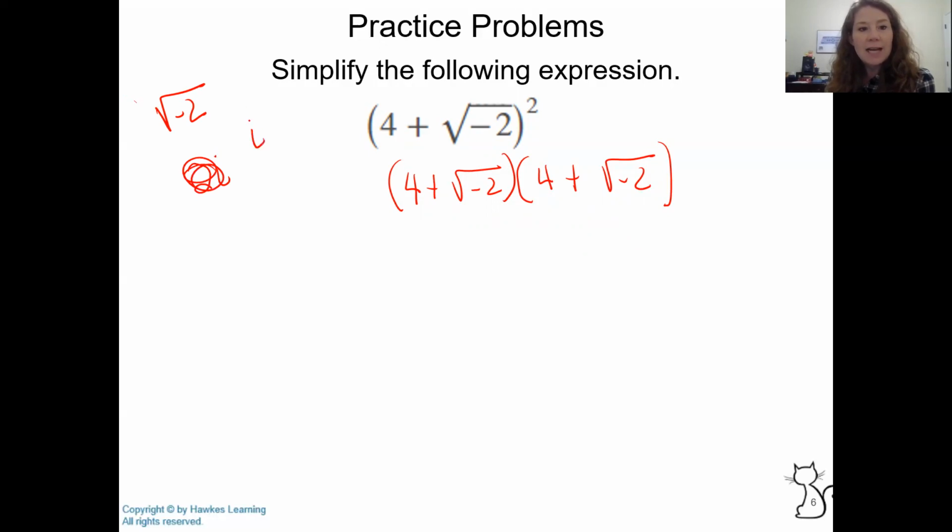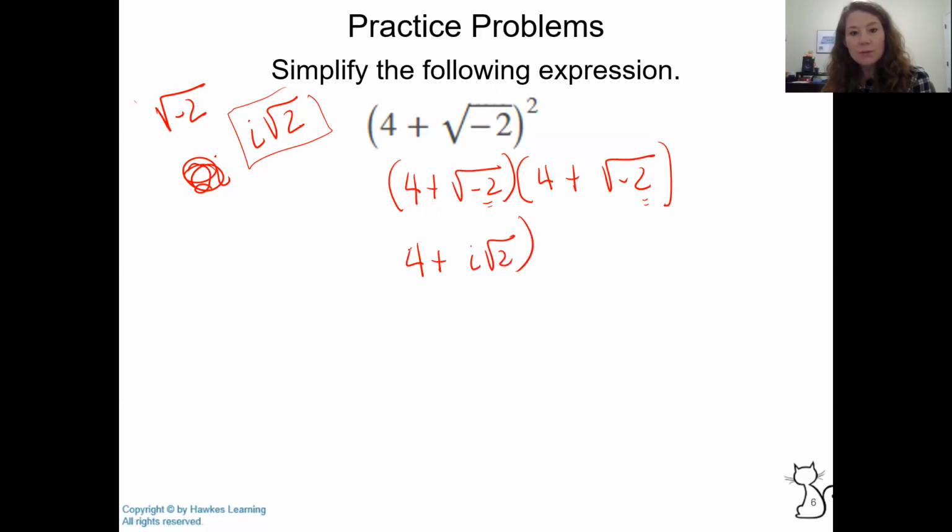It would be i square root of 2, because this is the same thing as the square root of 2 times the square root of -1. The square root of -1 is i. So both of these are going to be written as this, okay? So we have 4 plus i square root of 2 times 4 plus i square root of 2.